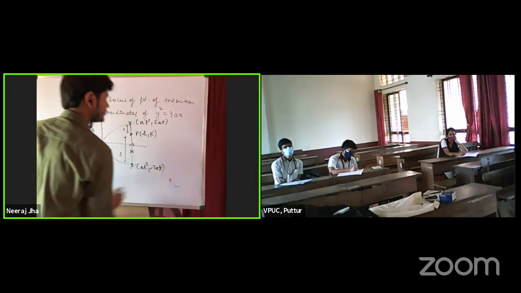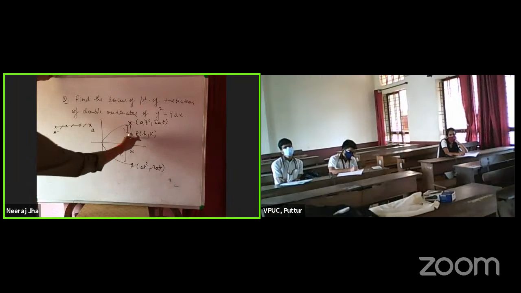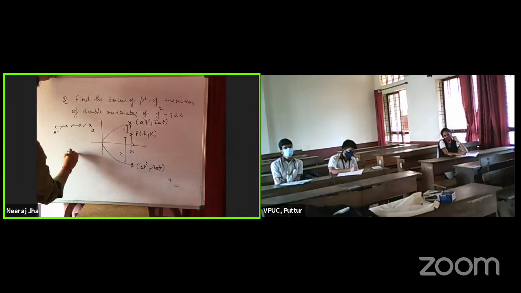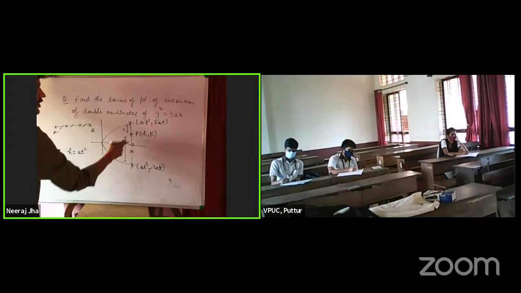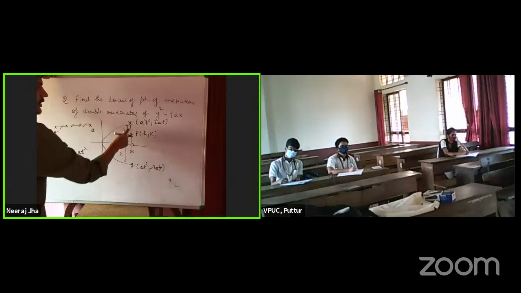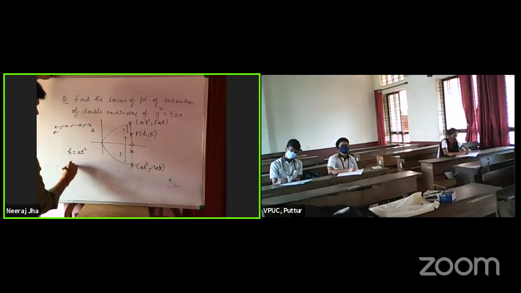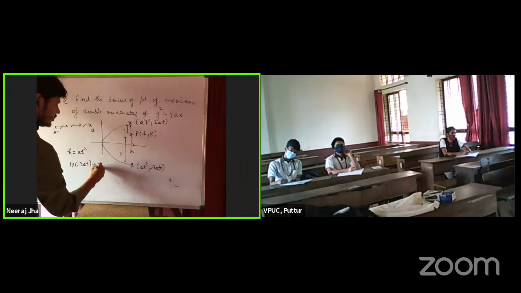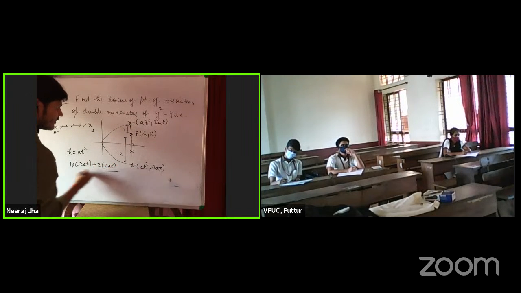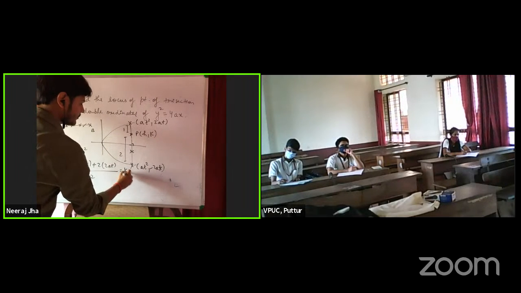Now what will I do? Sir, very easy. h is equal to at square, so the x coordinate will be the same on this line. And what about the k coordinate? 1 into minus 2at plus 2 into 2at, divided by 1 plus 2, is equal to k.